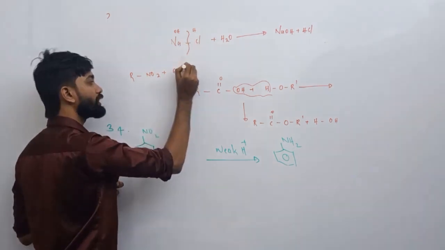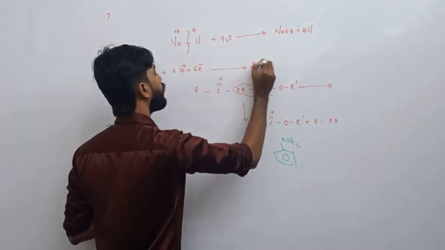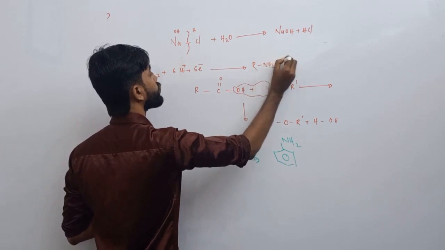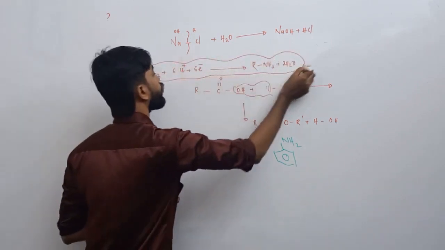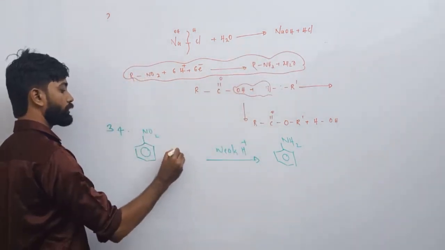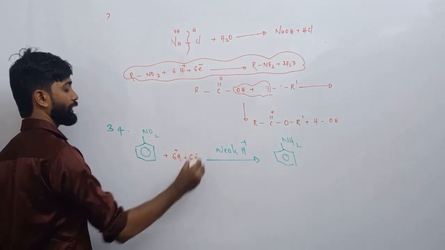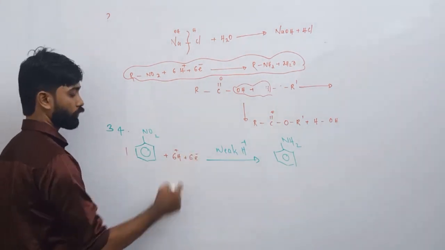RNO2 plus 6H+ plus 6 electrons gives RNH2 plus 2H2O. This is the general reduction of a nitro compound to an amine. So here there will be 6H+ and 6 electrons.